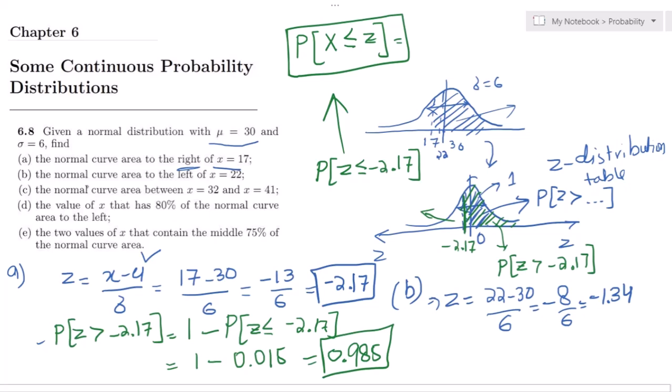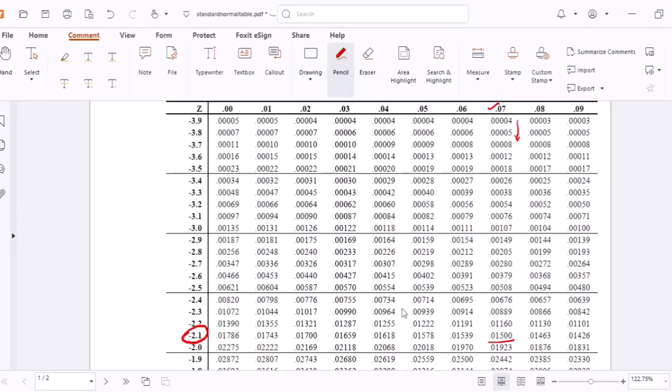Now we have to find the normal curve area to the left of it. Since that is the left, we don't have to use another formulation. So it is the probability that z is less than or equal to minus 1.34. Let me consult the similar table for minus 1.34.